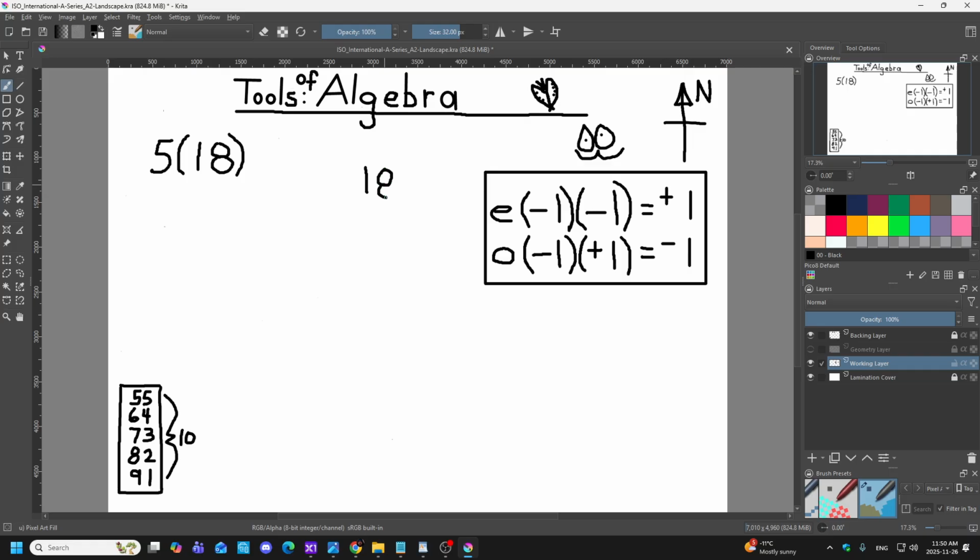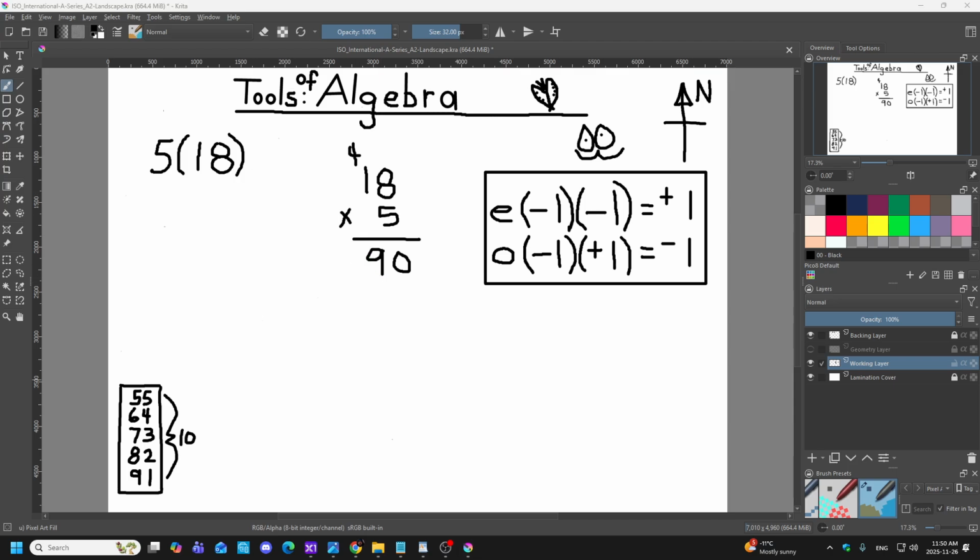18 times 5. We'll just do the long work. I should probably save some time by using a calculator, but I like to do this. It's good for your brain, good practice, keeps you fresh too, right? All right, 8 times 5 is 40. Carry the 4. 5 plus 4 is 9.